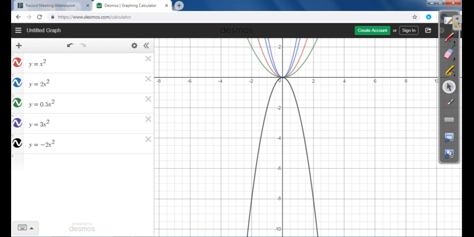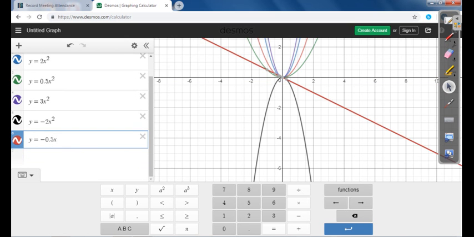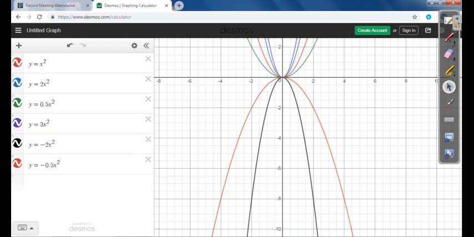Same thing, but wider. 1.5 x squared. And you see here, it's flipped through the x-axis.